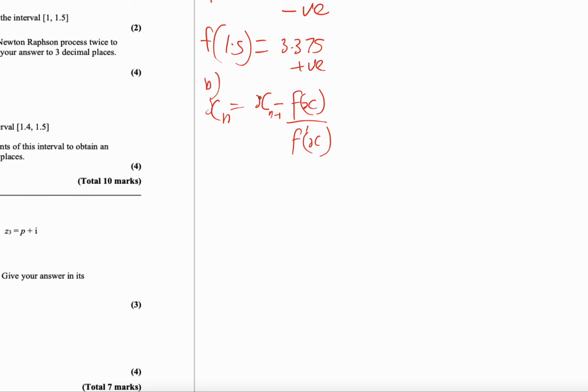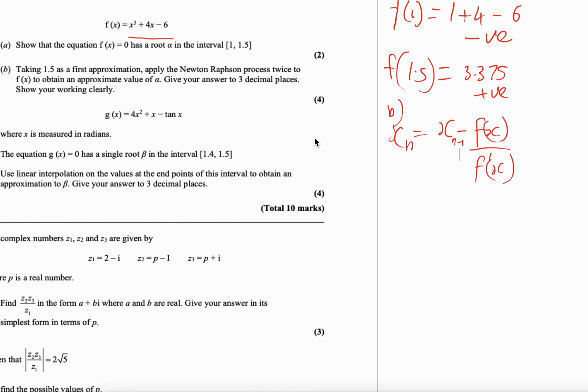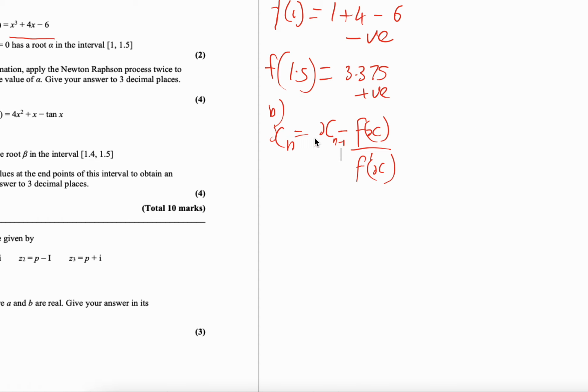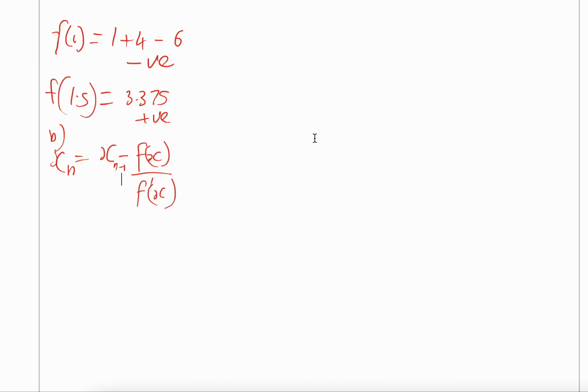Each term is the previous term minus those two. We've been given our first value of 1.5. So x1 is 1.5, and x2 is x1, 1.5, minus f of 1.5 over f dash 1.5.